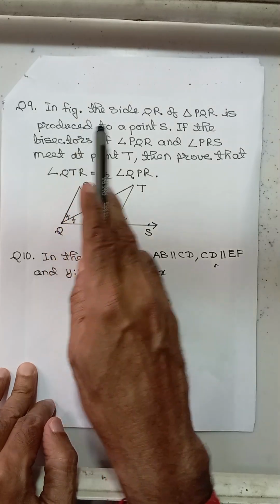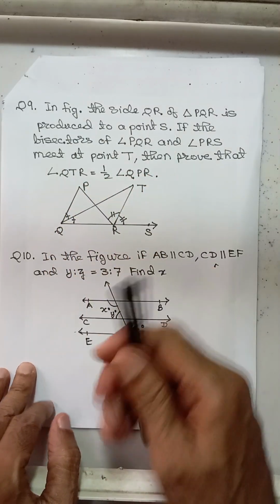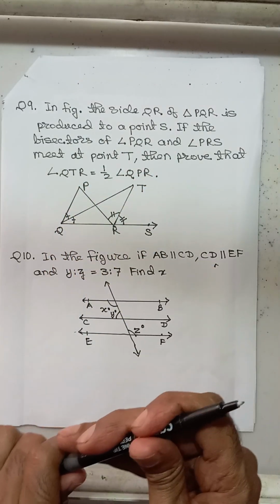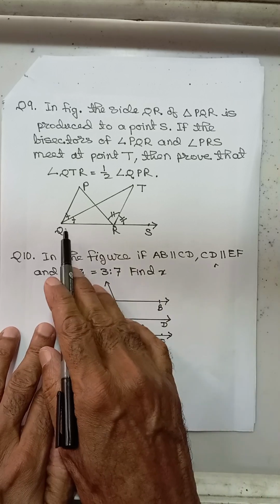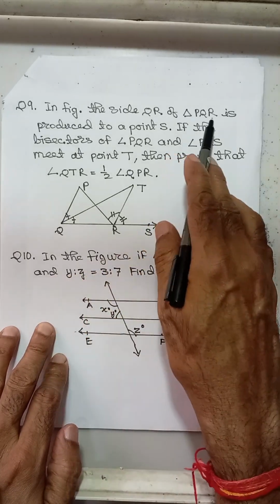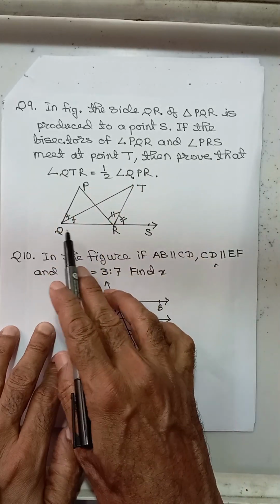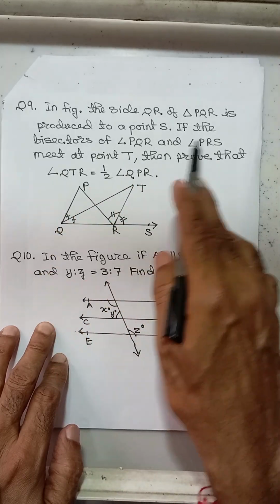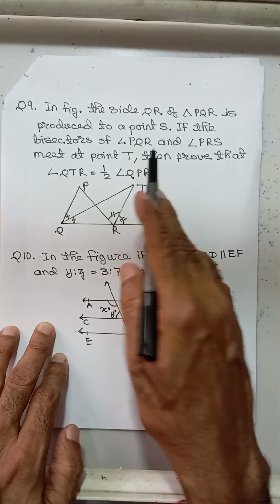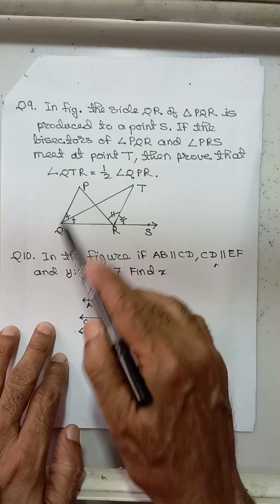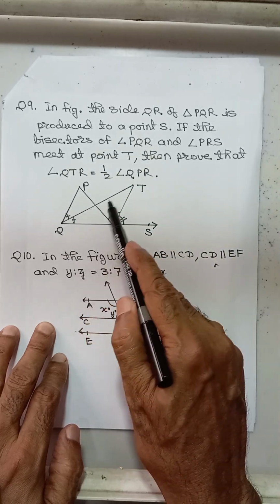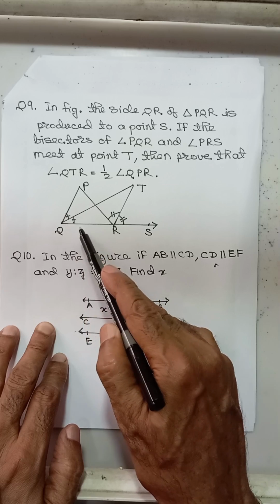In question number 9, in the figure, side QR, here is the side QR, the base of triangle PQR, is produced to a point S. If the bisector of angle PQR, this line QT is the bisector of PQR.